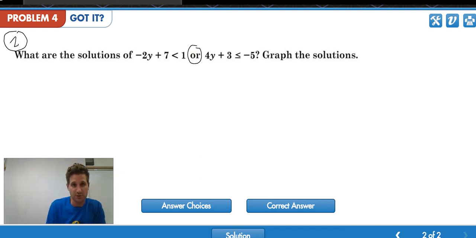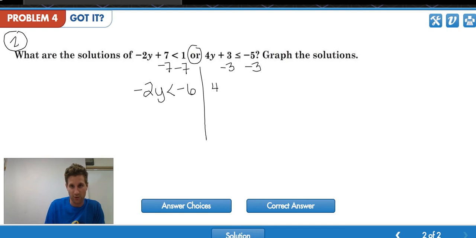So first we have to solve this by solving for y, so we're going to subtract 7. So we're basically solving two inequalities. Negative 2y is less than negative 6. I like to put a line down the middle. Subtract 3 on both sides here. 4y is less than or equal to negative 8.